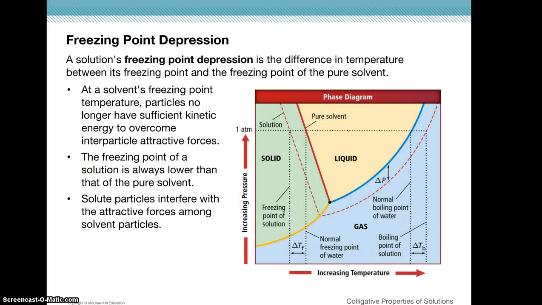Okay, now freezing point also changes when you dissolve something in a solvent, and freezing point actually goes down, it doesn't go up. So the freezing point of a solution is always lower than that of a pure solvent, because those solute particles interfere with the water molecules or the solvent molecules being attracted to each other and turning into a solid.